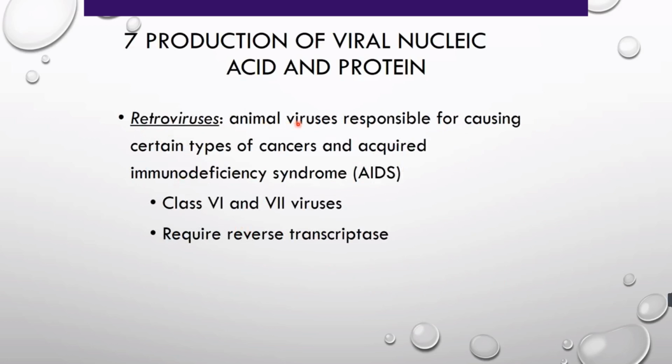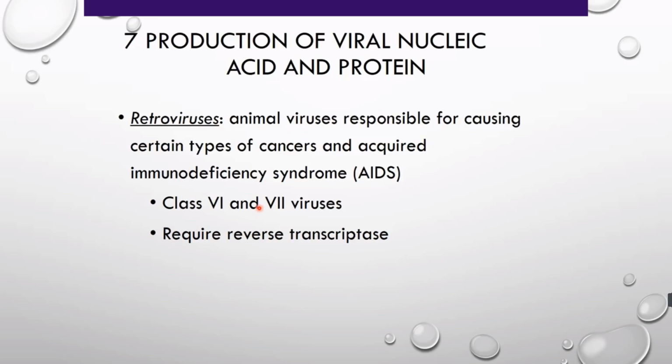Retroviruses are different. You will notice that the virus that causes AIDS, the HIV virus, has two identical copies of its viral genome. Specifically, it's single-stranded RNA in the plus configuration. The problem is that that specific type of RNA doesn't mimic messenger RNA.